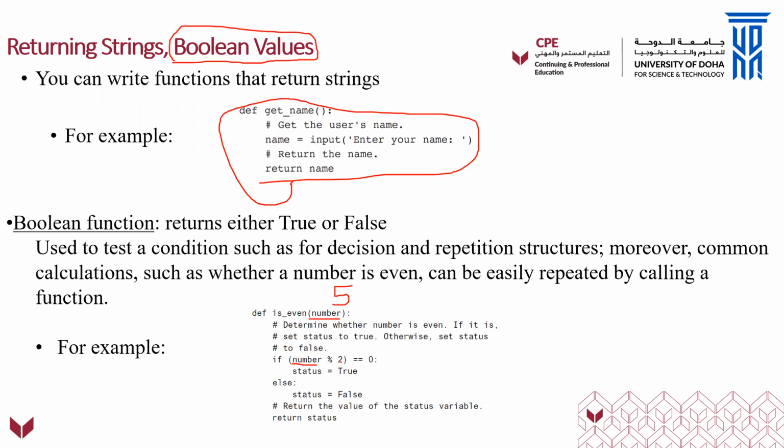If 5 modulus 2 is equal to 0, actually the answer is no, because 5 modulus 2 is equal to 1. Because the condition here is not true, the status will be false. So my function is even will return the status, which is false. So this is how to write a function that will return a Boolean value, and this is how to write a function that will return a value of type string.